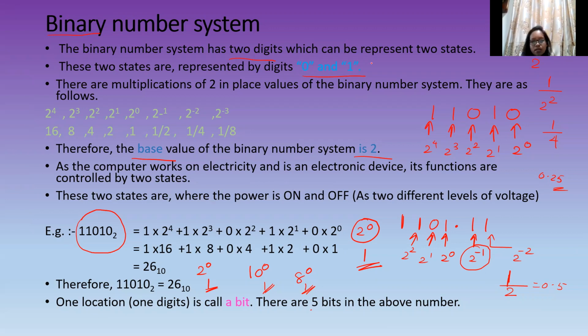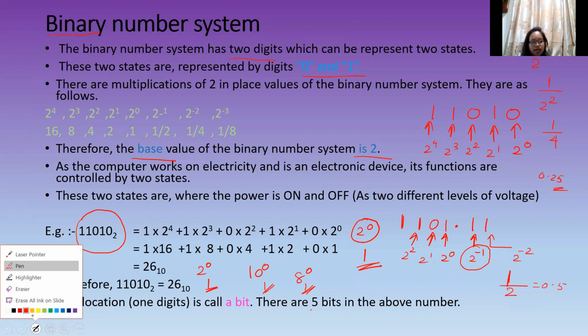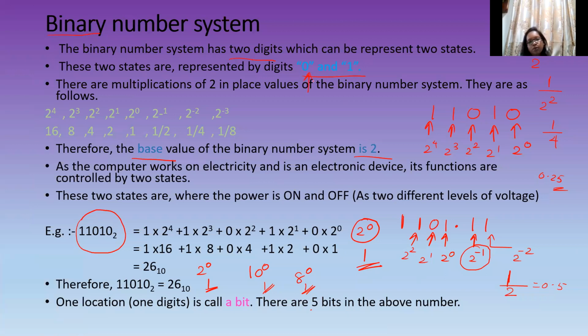So these normal zeros and ones, those states can be represented in many ways. Like the 0 state, normally if you consider the power again, this is called the off state, power off state. This is called the power on state, right? If you take true false, normally this 0 we call false, right? And the 1 we call the true state. If you represent this as yes or no, normally this is no, this one is yes.